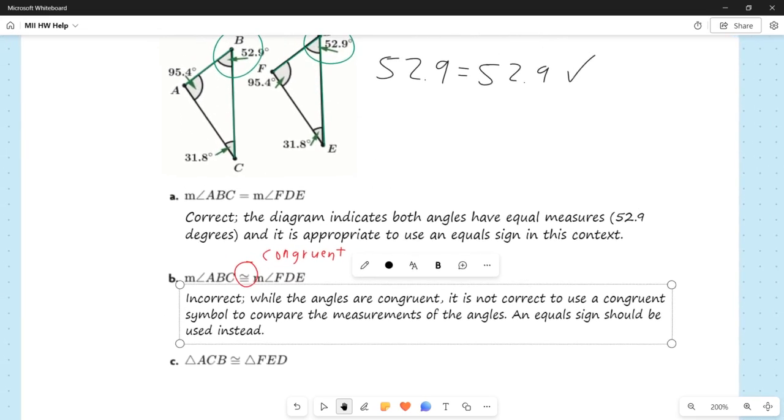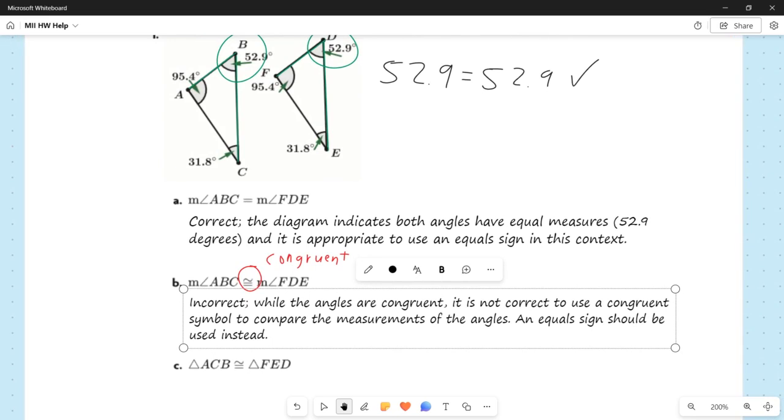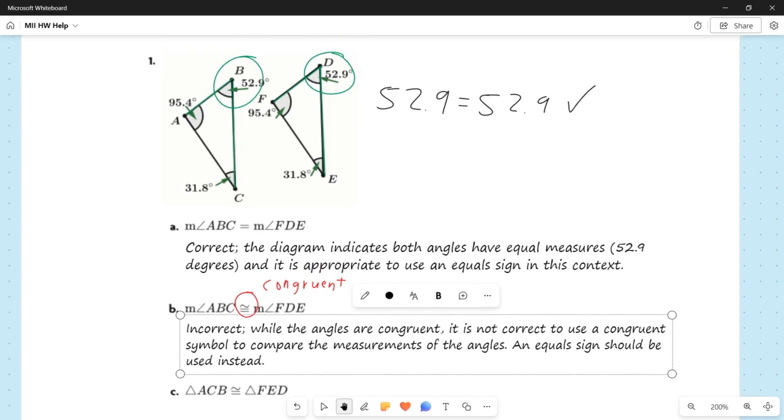The problem with C is that even though we know a decent amount about the angles in this picture, we know the measure of basically all 6 angles between the two triangles, we don't know anything about the side lengths. And we certainly cannot assume that this picture is drawn to scale.